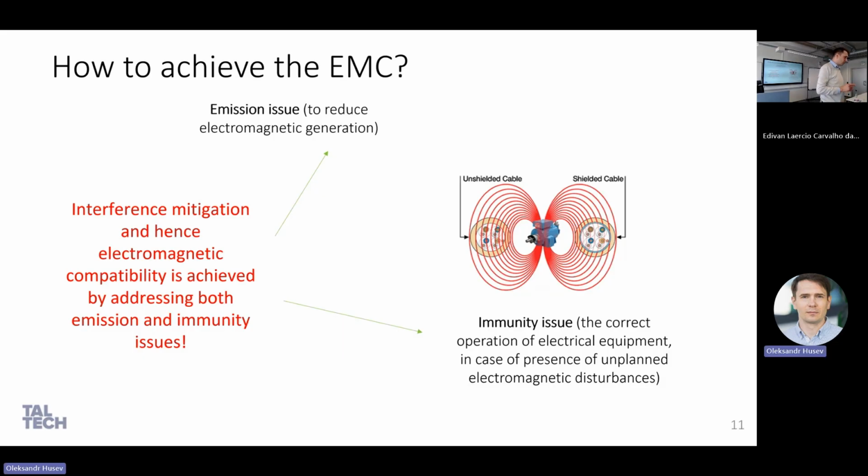What does it mean? That your device, which is properly designed to avoid significant issues with electromagnetic emission, usually also has very good electromagnetic immunity. This is one of the main conclusions that I will show you many times, that everything is interconnected.